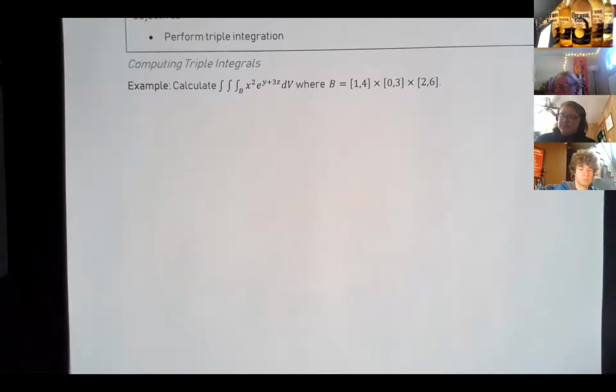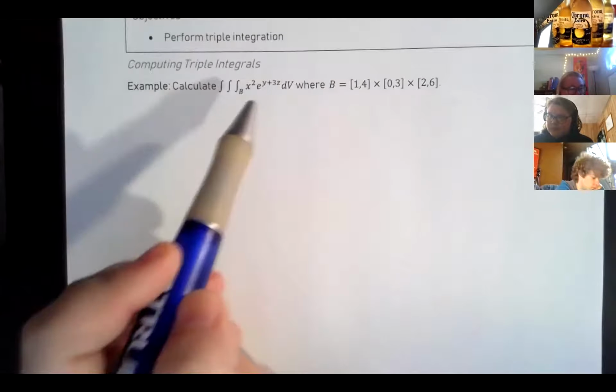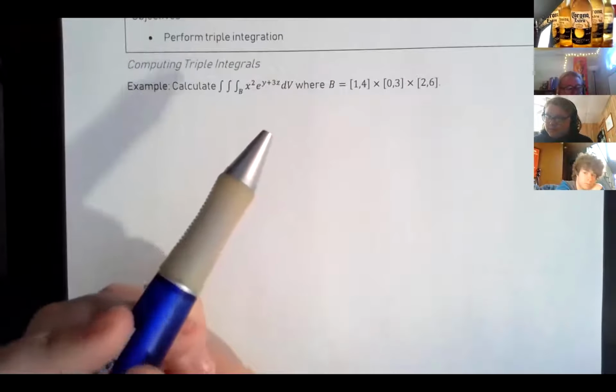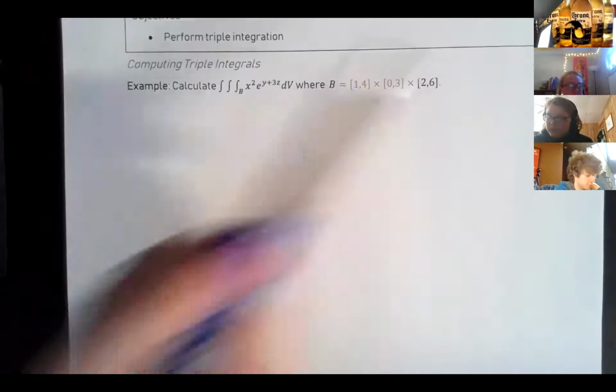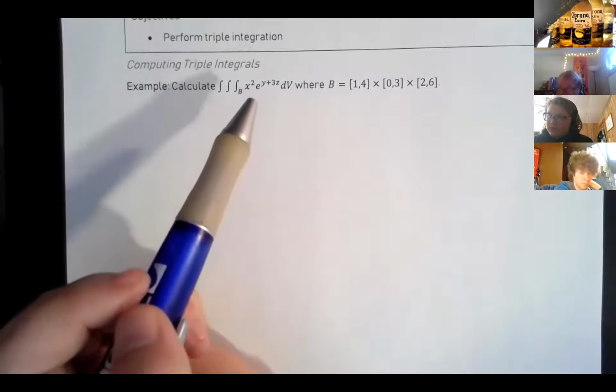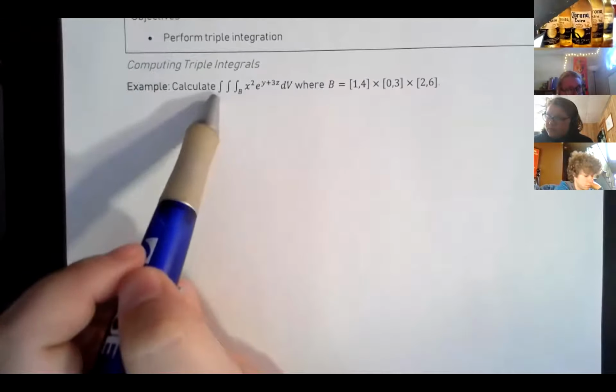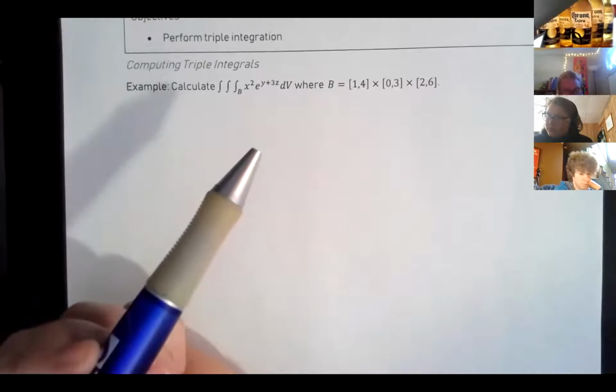All right. So we're going to just extend what we did in 15.2 to a third dimension. If we have what is considered a box, a three-dimensional thing that has these as its bounds, we can consider this in terms of these bounds that are going to be placed out here.